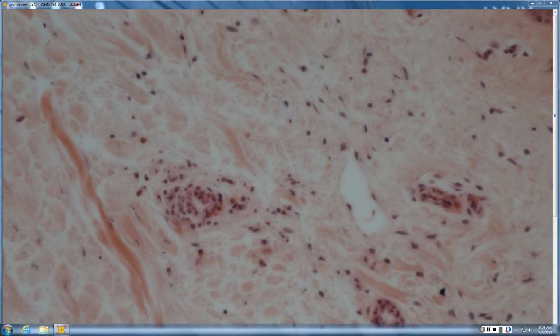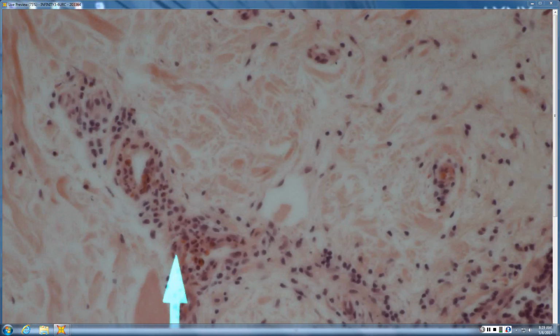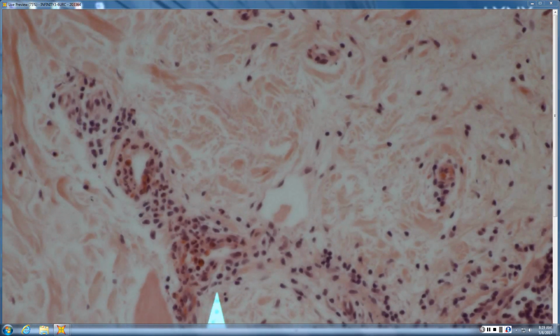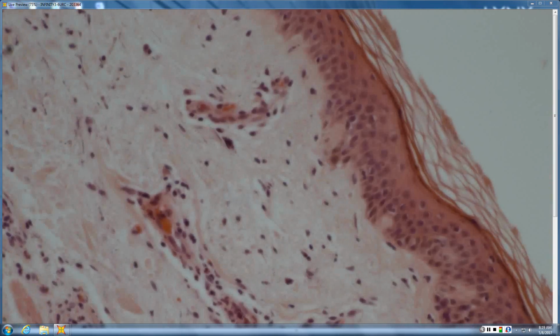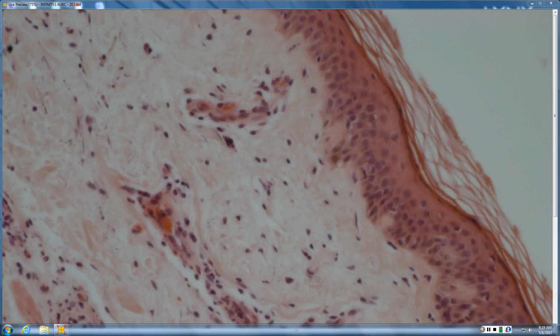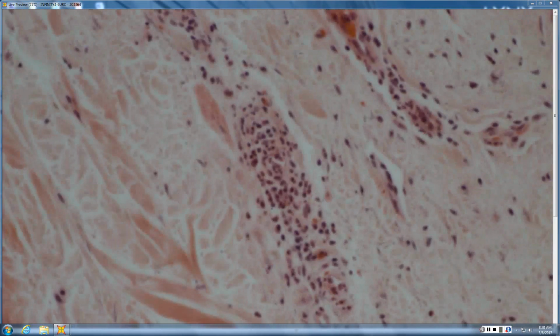So you have blood vessels filled with neutrophils. Some of them start to traverse outside, joined by eosinophils, but there is no karyorrhectic debris. Very good. So urticaria.